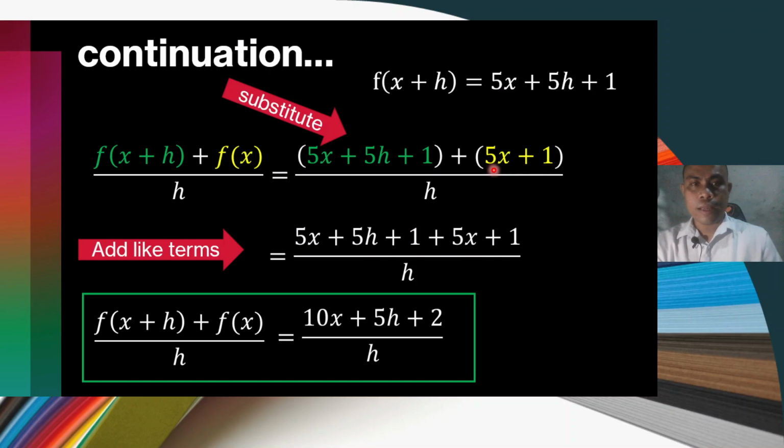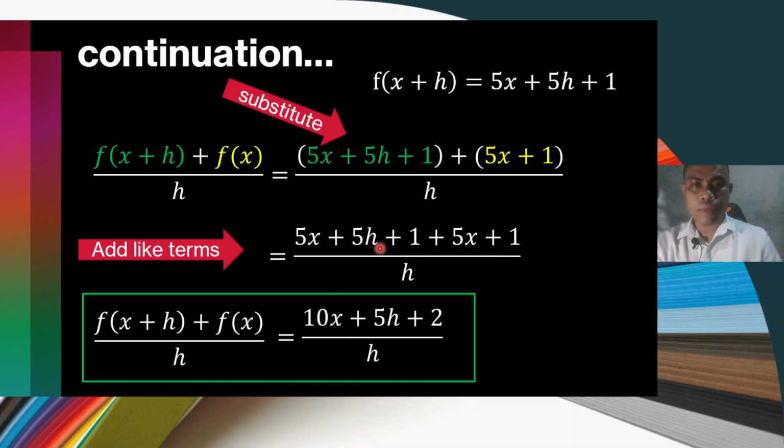Here, the function of x, which is 5x plus 1. So, we multiply. Don't worry, since it's plus, it's as if you just copied the value inside. So, it becomes 5x plus 1, all over h. After doing that, we're going to operate, or add like terms. The like terms here are 5x and 5x, so this is 10x.